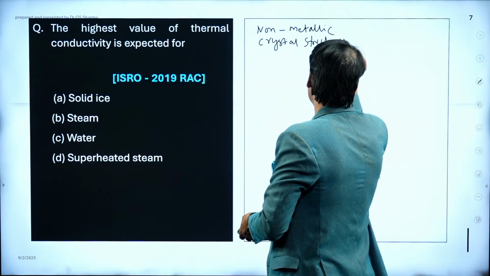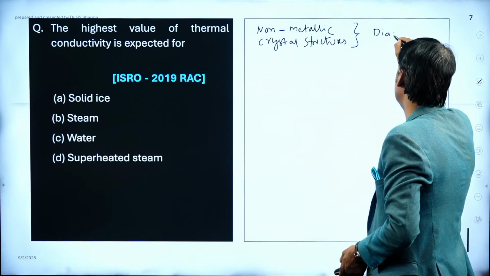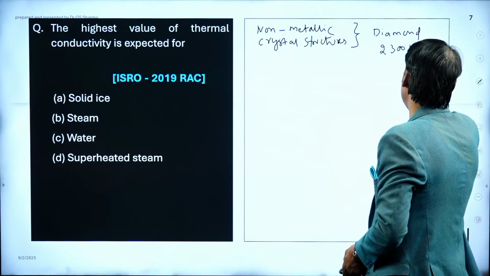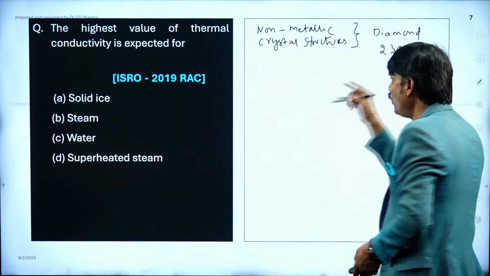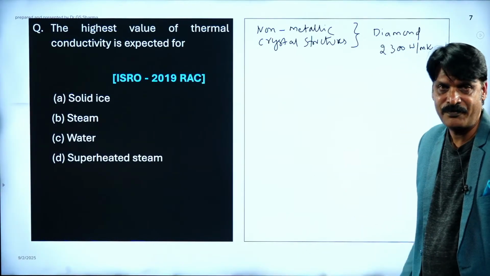Non-metallic crystal structures have the highest thermal conductivity. In that comes diamond, with a thermal conductivity of around 2300 watt per meter Kelvin.